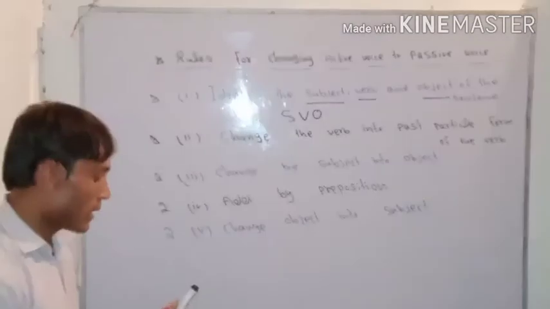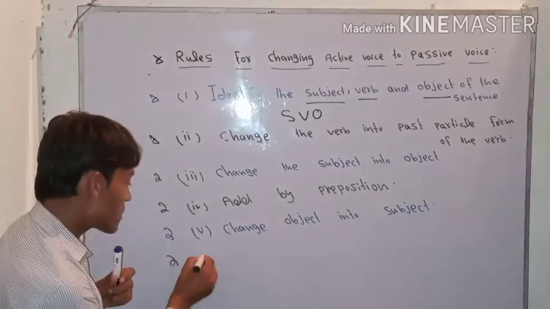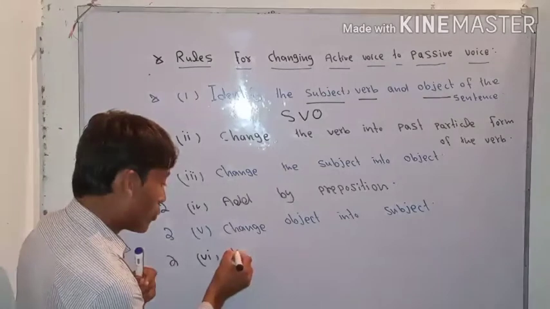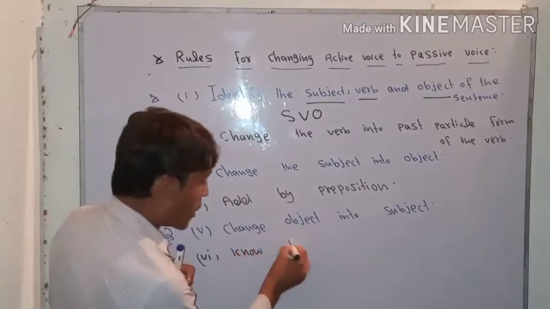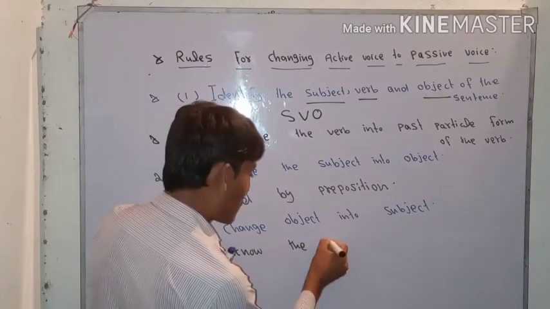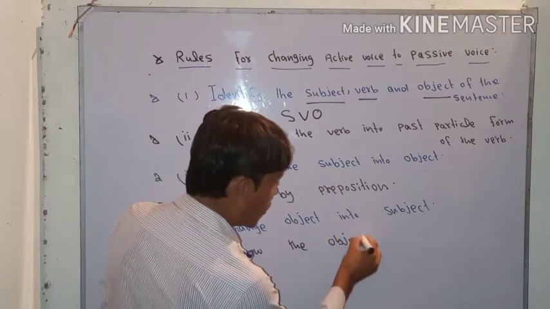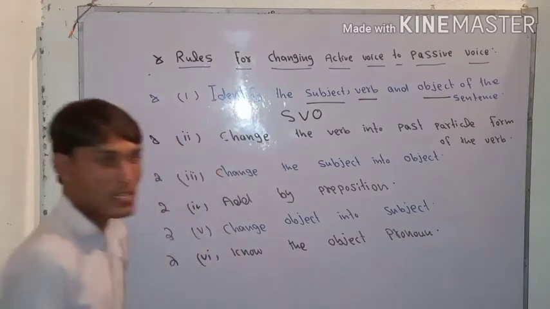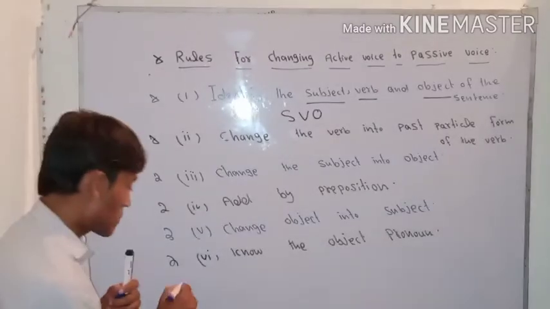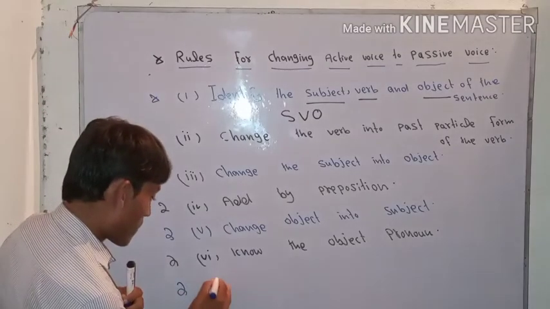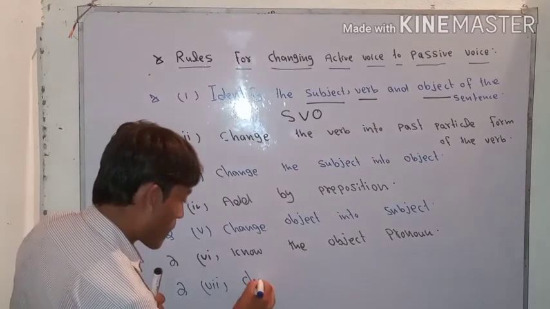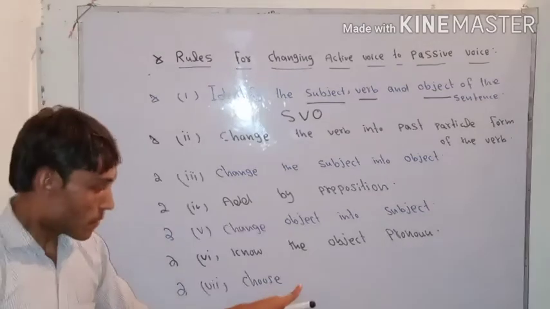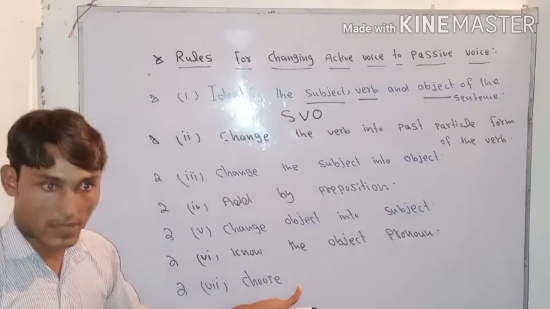And the sixth rule is know the object pronoun. And rule number 7 is choose auxiliary verbs according to the tense.